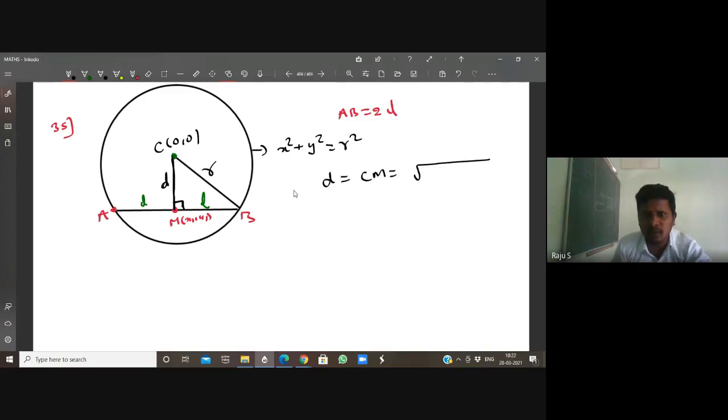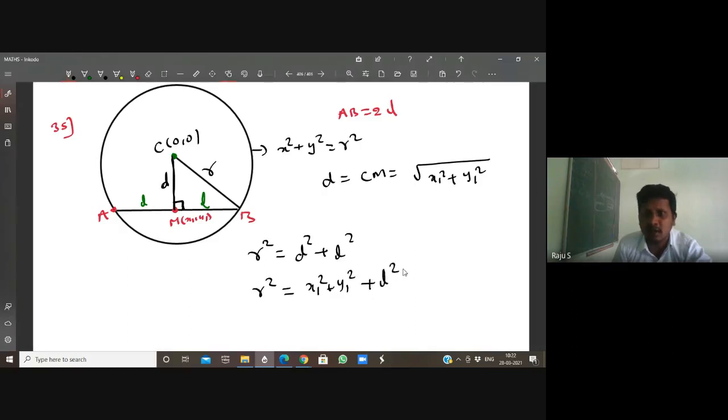CM is root over x1 square plus y1 square, the distance between these 2 points. By using the Pythagoras theorem, the hypotenuse is the radius. Hypotenuse square is equal to d square plus L square. Nothing but r square minus L square is equal to d square, that is x1 square plus y1 square.